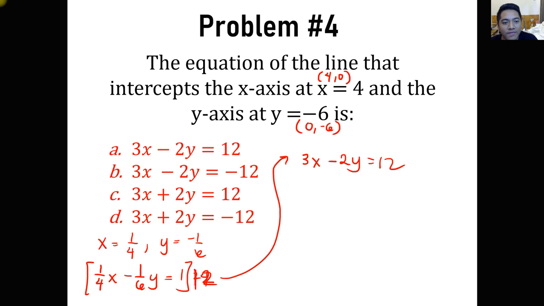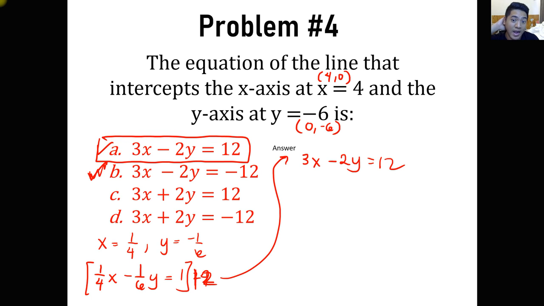So you have now 3x minus 2y equals 12. This one, the letter A, not the letter B. That will be our answer. So we just multiply it by the number where they will meet the soonest. In that case, for 4 and 6, that is 12. 4, 8, 12, and then 6, 12.